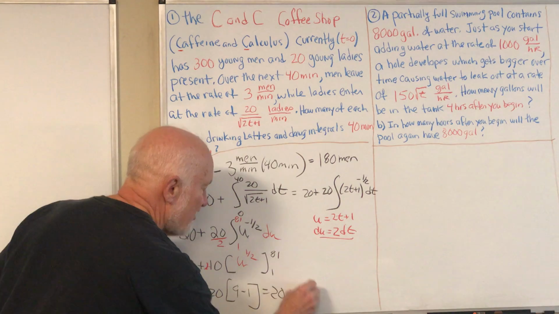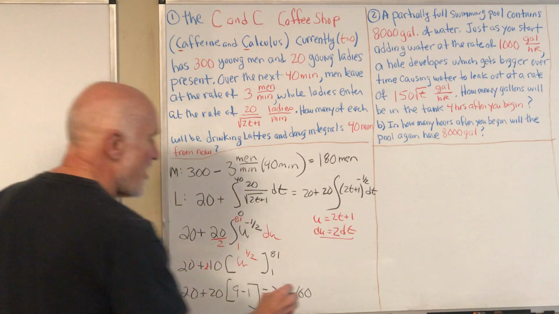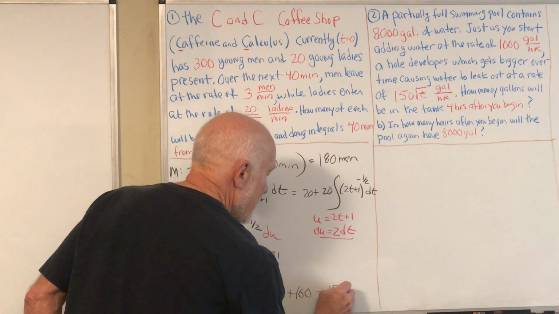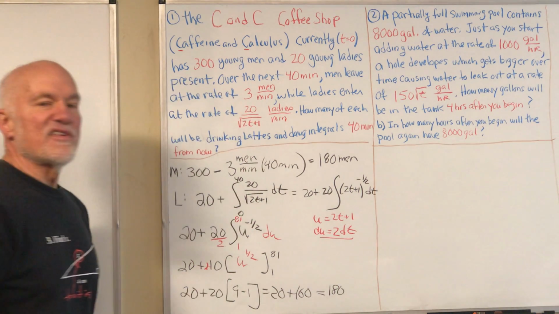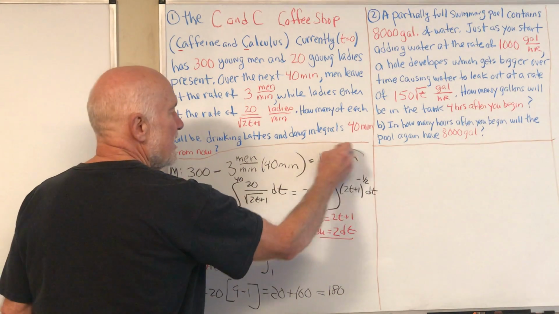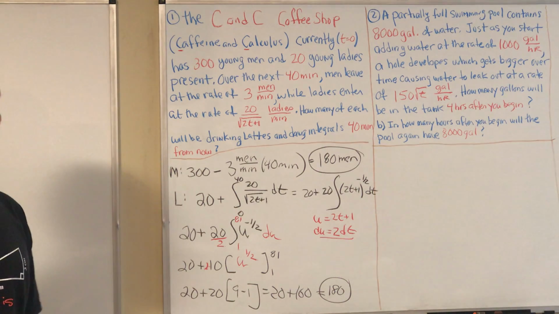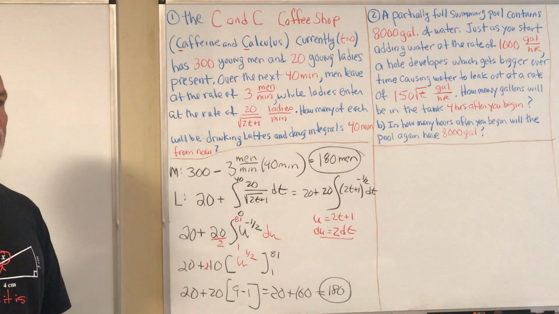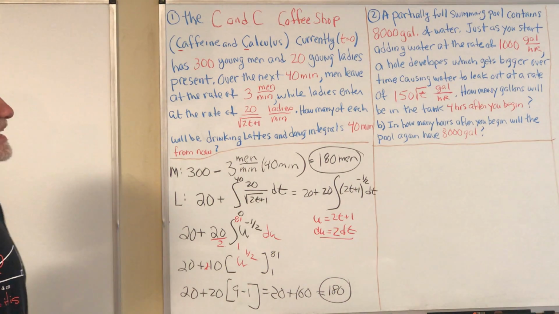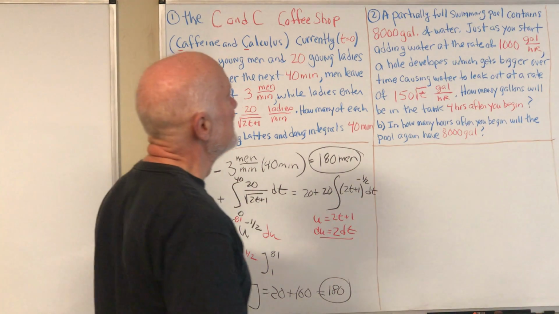So 160 young ladies came in that 40 minutes, so now there's 180 young ladies. So looks like maybe there's a lot of good calculus and coffee drinking to go on for a while, because we have a nice even match now. Okay, so let's look at one more example.